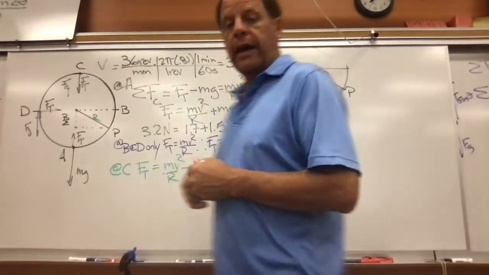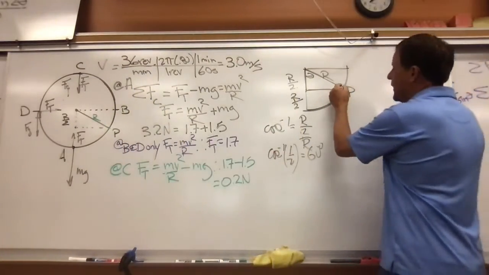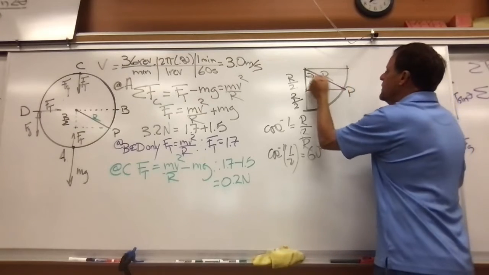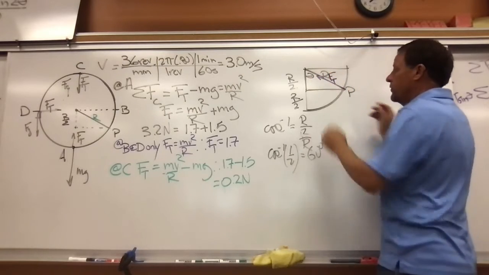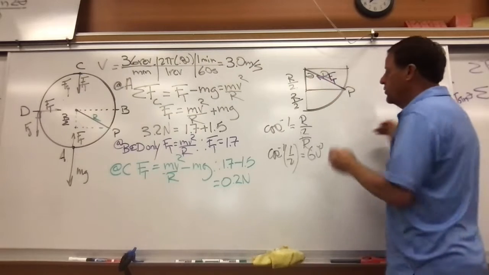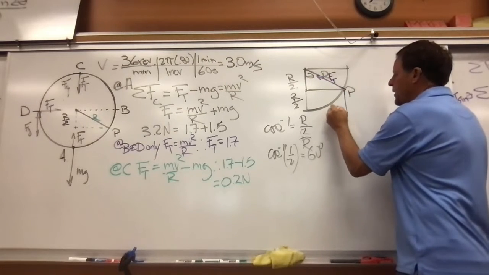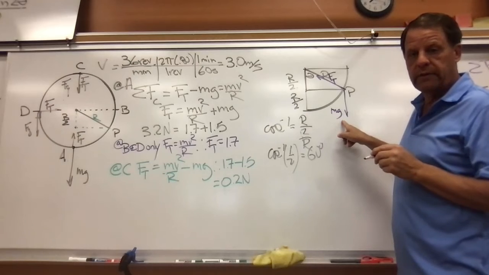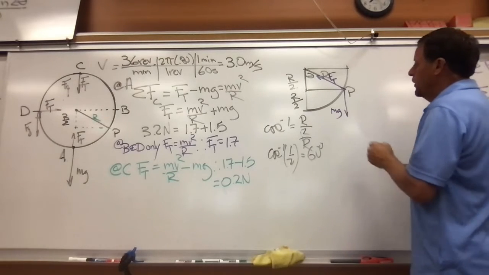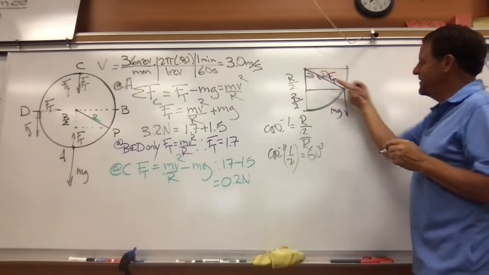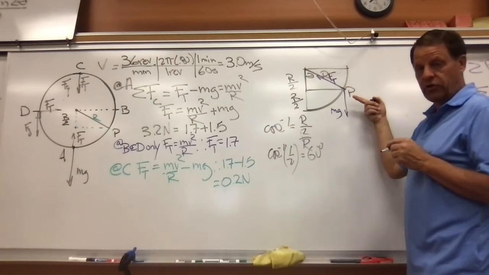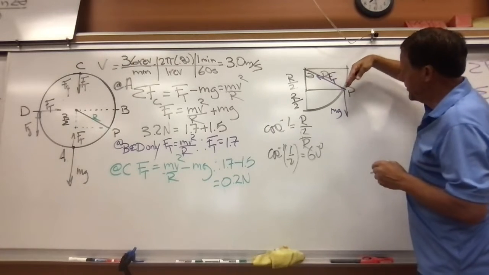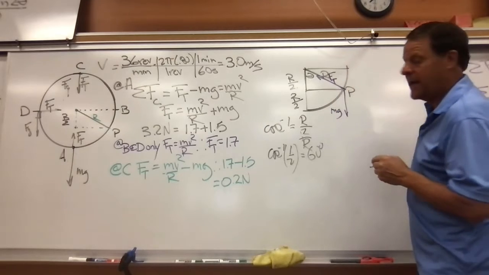So now when we draw our free body diagram on this point right here, we're going to have the force of tension towards the center as usual, but now our force of gravity, or mg, is going straight down here. Remember, this is one of our axes, always towards the center, which means perpendicular to that would be tangent.